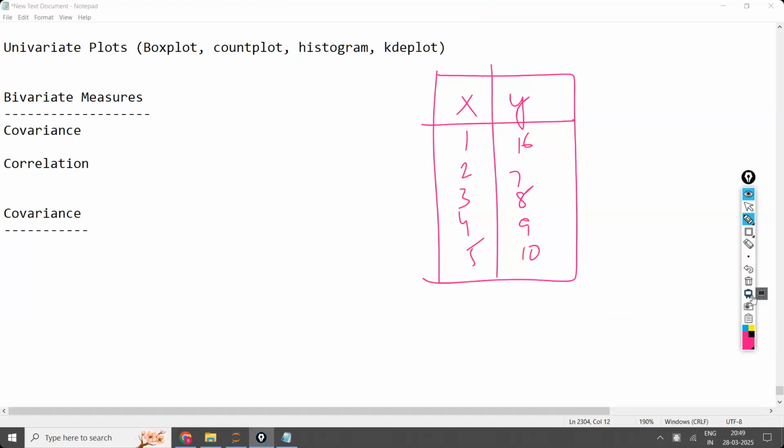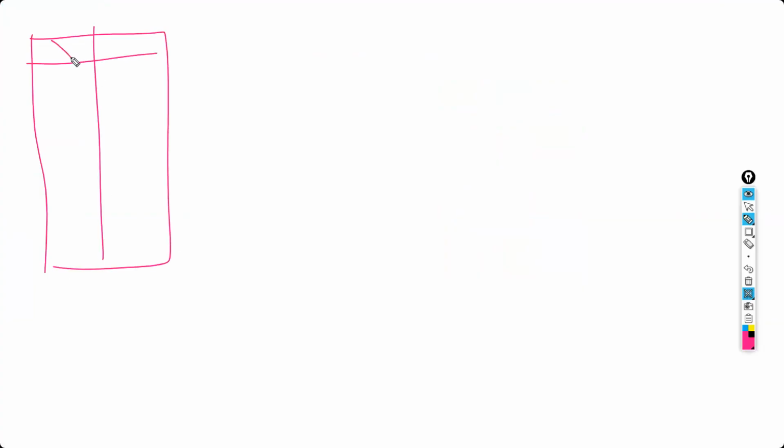Everyone, please take that data in your notes. X, Y: 1, 2, 3, 4, 5, 16, 7, 8, 9, 10. Sir, why are you not choosing the 6? The reason is very simple. You'll understand after doing the calculation and formula.